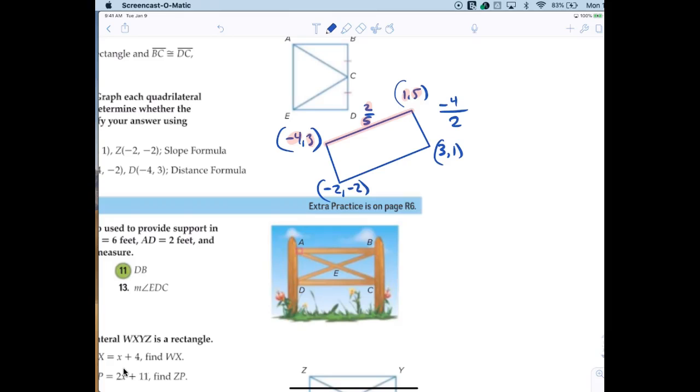I'm okay with that. From 3 to negative 2 is 5. I went negative 5 and then to the right 2. So that looks good, doesn't it?